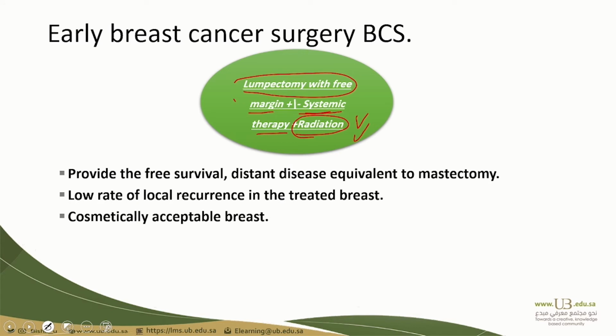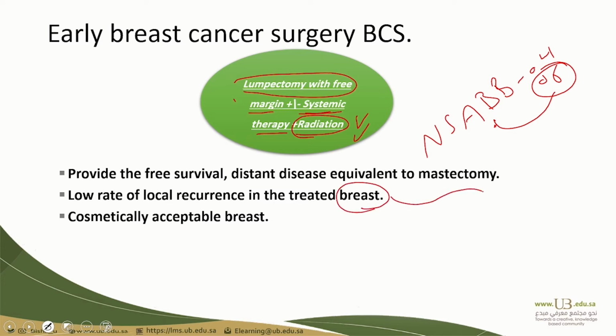According to all studies, especially NSABP 04 and 06, especially 06, it shows that it provides disease-free survival equivalent to mastectomy. There is a low rate of recurrence in the treated breast in patients who undergo radiation therapy.